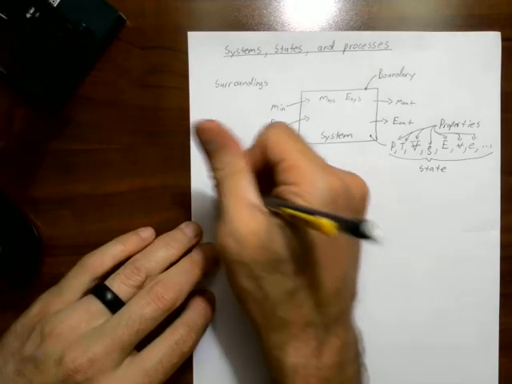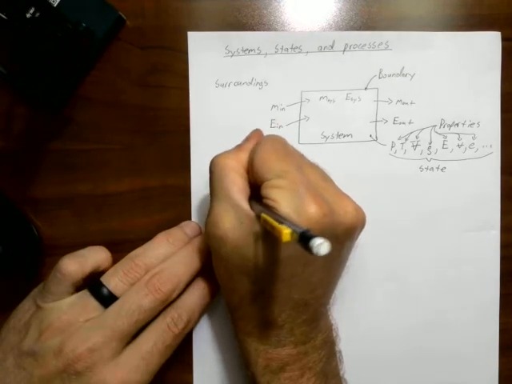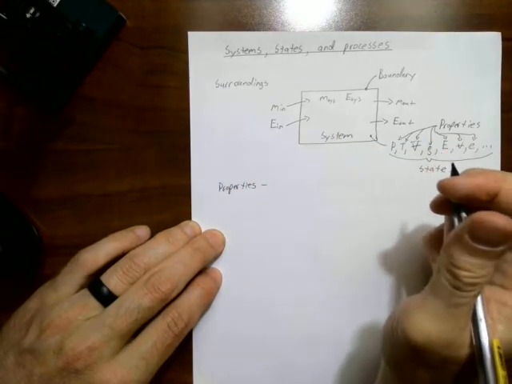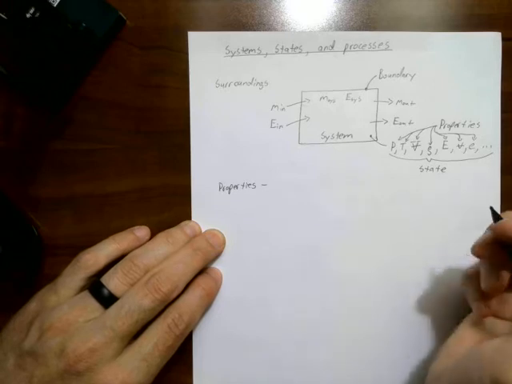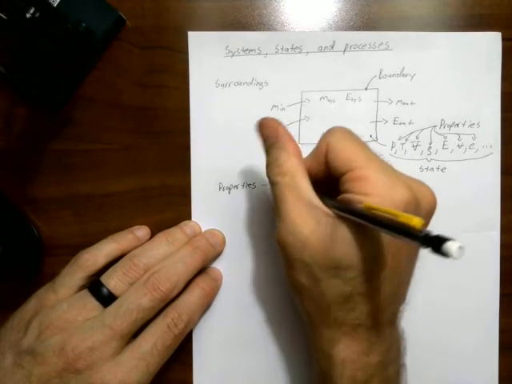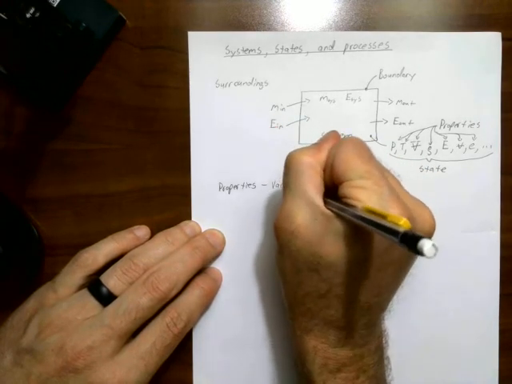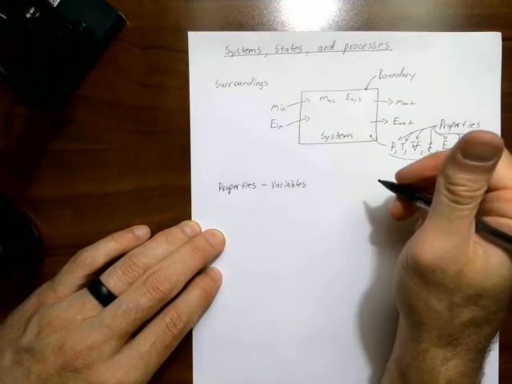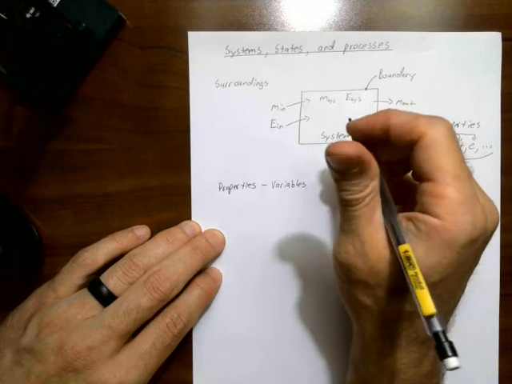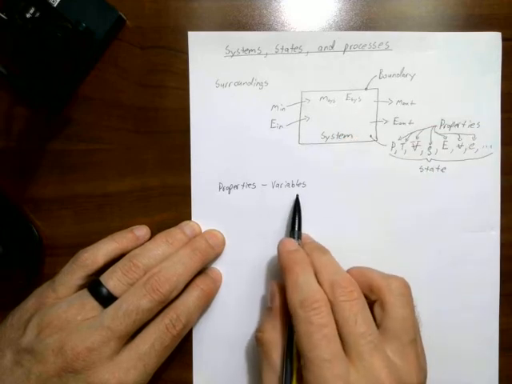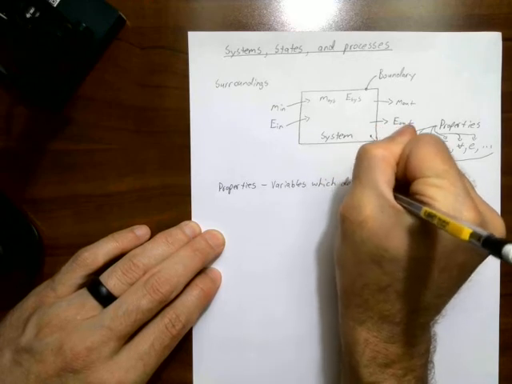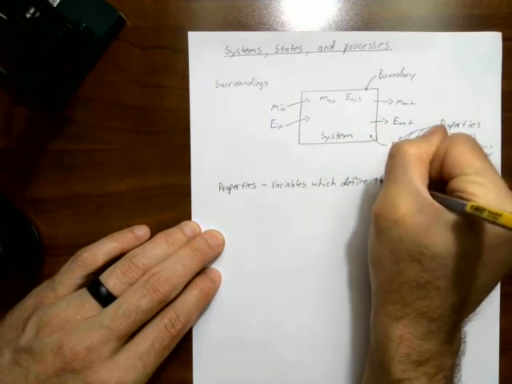So properties are the variables which define the state.